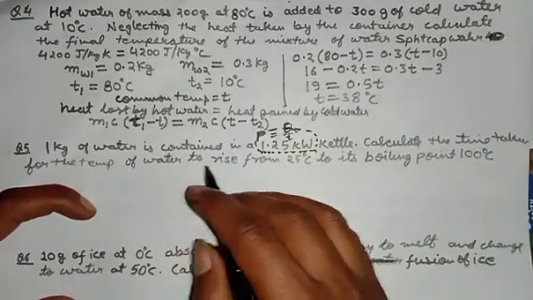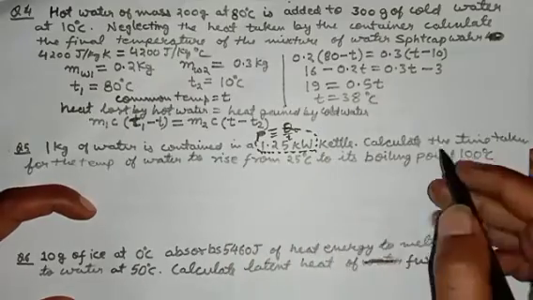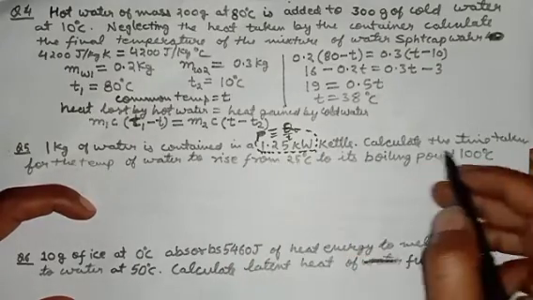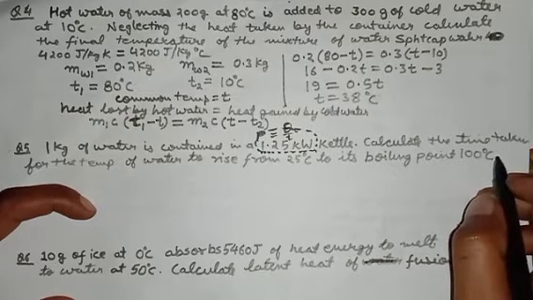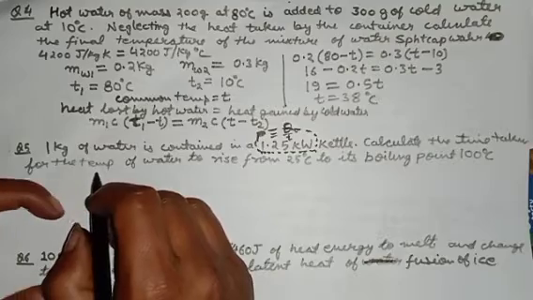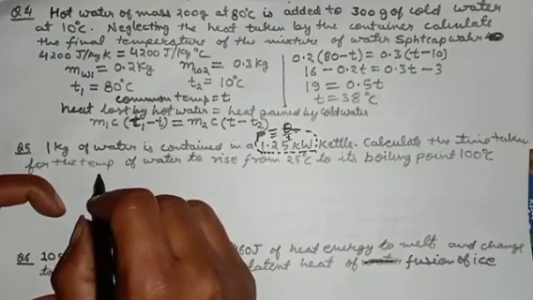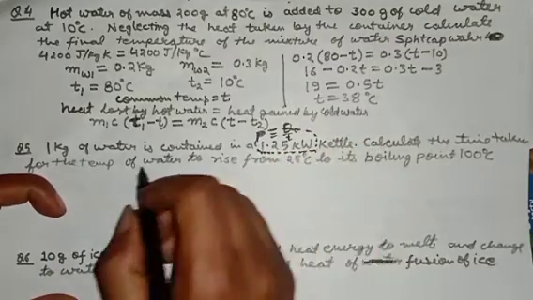But this question is not about changing its phase. It is water at 25 degrees Celsius, it is water at 100 degrees Celsius. This time we are not considering vaporization. All right, so the simple question, but we'll begin with this.